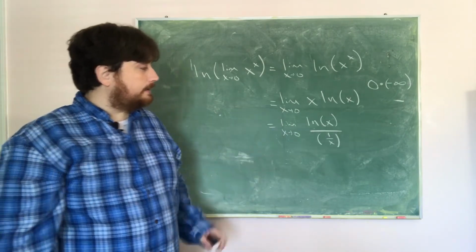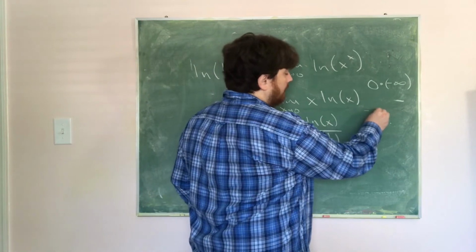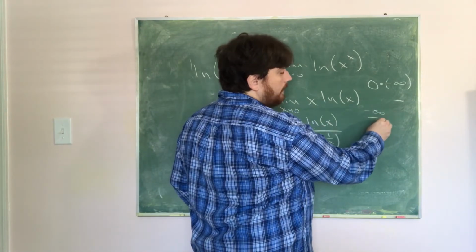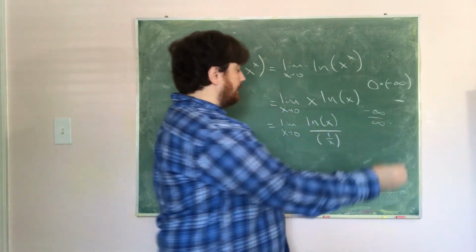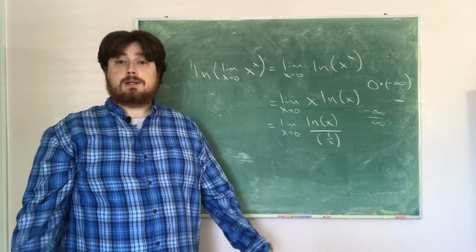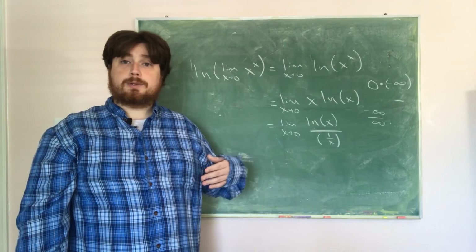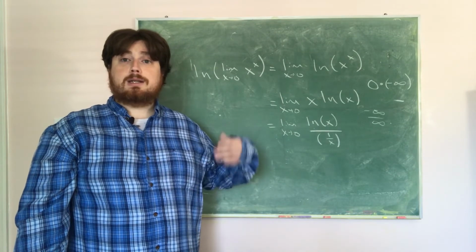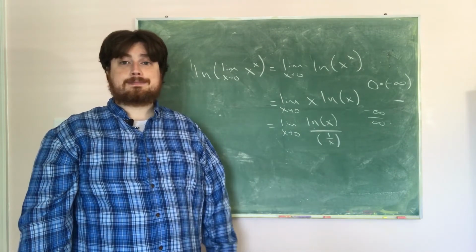So now if I use 0, I get natural log of 0 as negative infinity, and 1 over 0 is plus or minus infinity. And so what we end up with is infinity over infinity, or a plus or minus infinity over plus or minus infinity. So we can indeed use L'Hopital's rule.